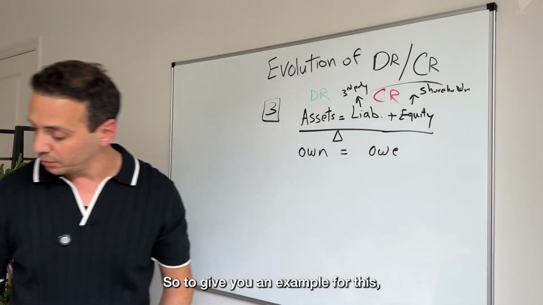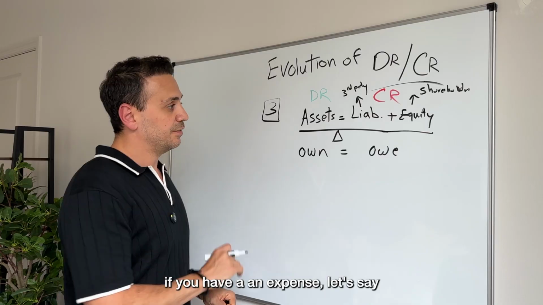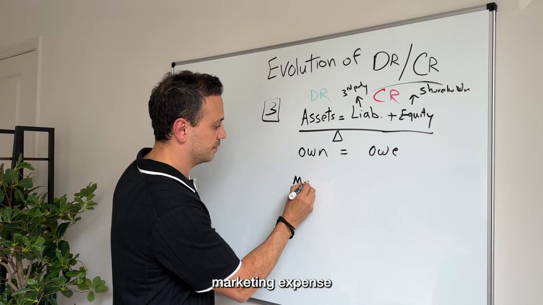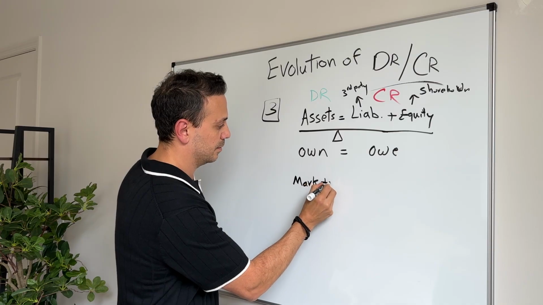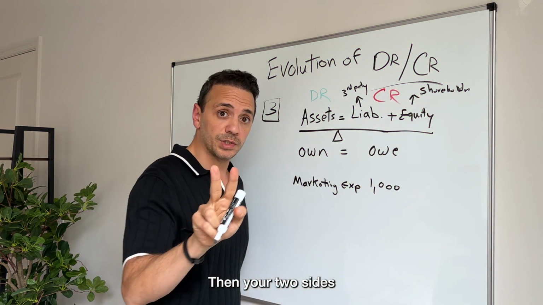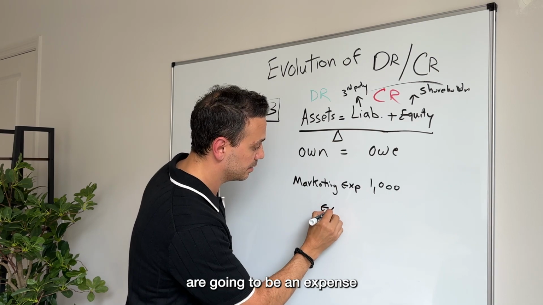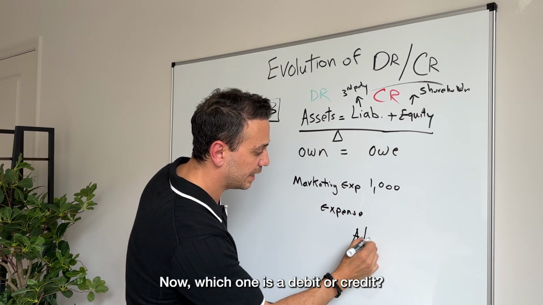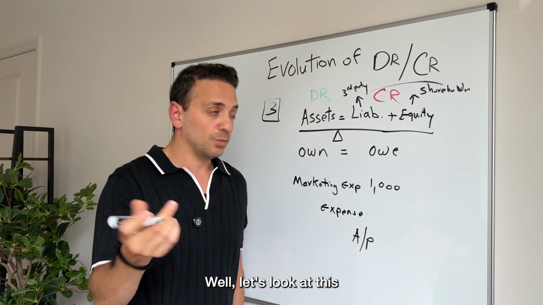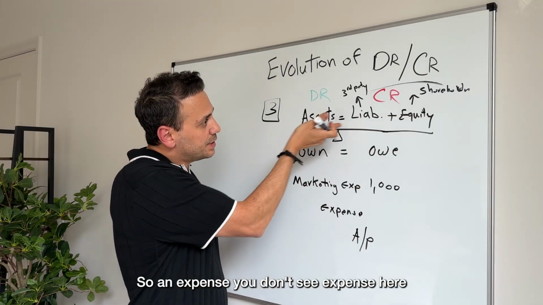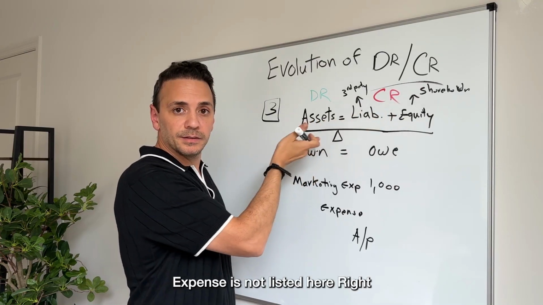So to give you an example for this, if you have an expense, let's say a marketing expense for $1,000, then your two sides are going to be an expense and an accounts payable. Now, which one is a debit or credit? Well, let's look at the accounting equation. So an expense, you don't see expense here. Expense is not listed here, right?